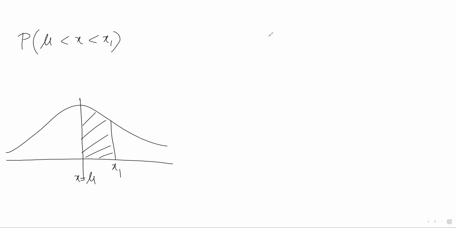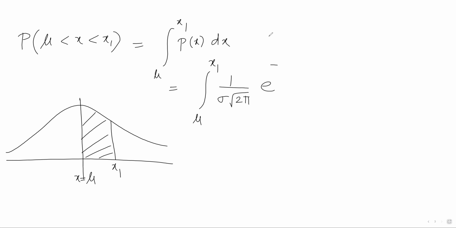Using the definition of the probability density function for a continuous random variable, we have this as the integral from mu to x1 of p(x) dx. What is our probability density function? It is e to the power minus (x minus mu) square divided by 2 sigma square, dx. Let us substitute, as we have seen, the standard normal variate, taking it as z, and that z is.